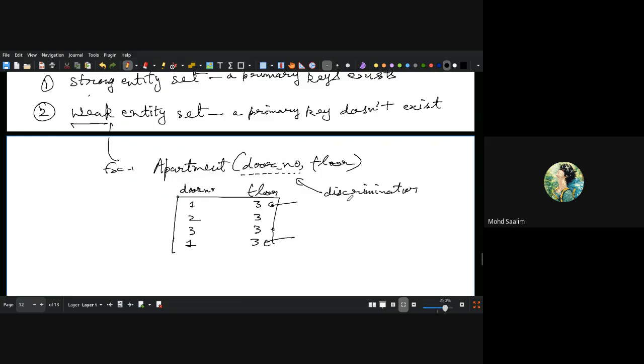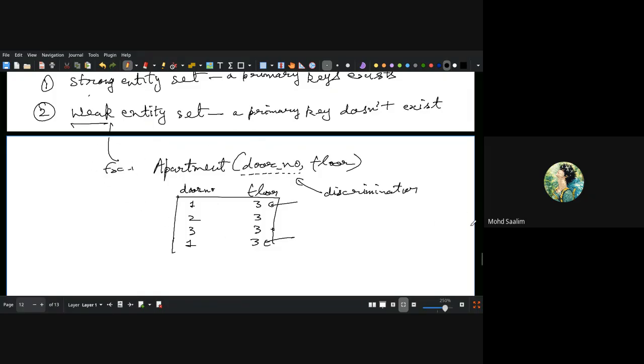Got it? So what do you do in these types of situations? Because discriminator alone is not enough. It is not giving you the solution of this problem that I described, 1 comma 3 coming 2 times. So how to deal with this problem? What do we do in these types of situations?